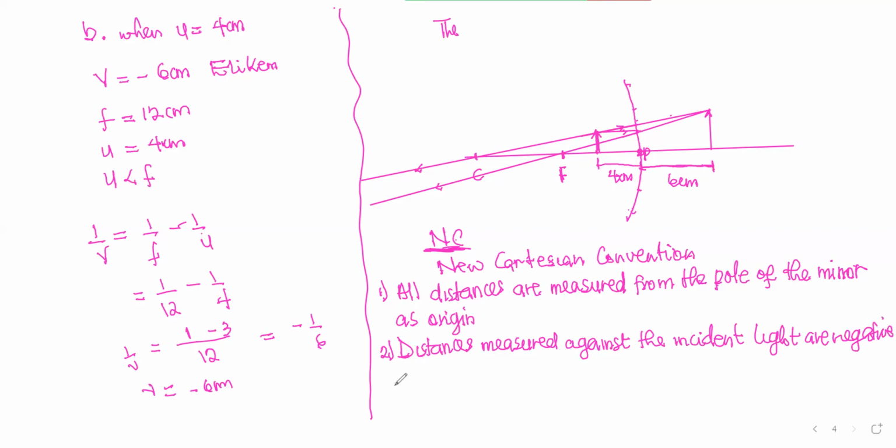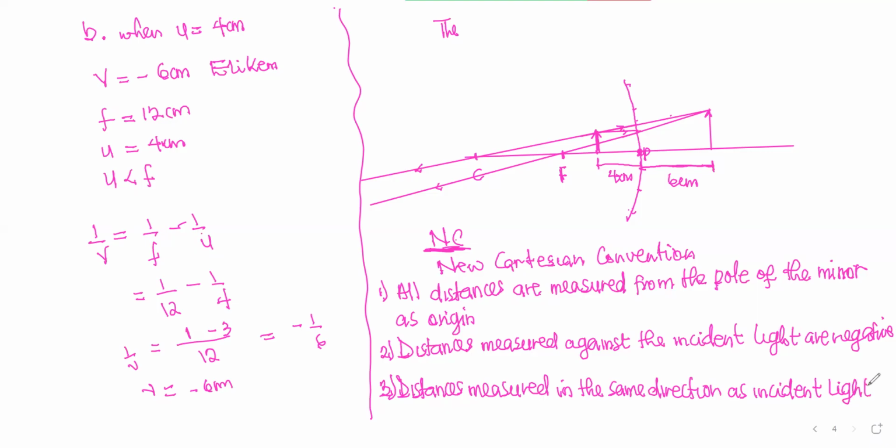I will explain. Just put the points down, after which I'll throw more light. 3, distances measured in the same direction as incident light are positive.